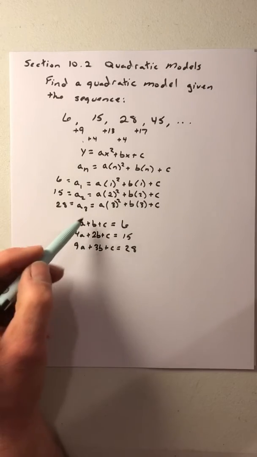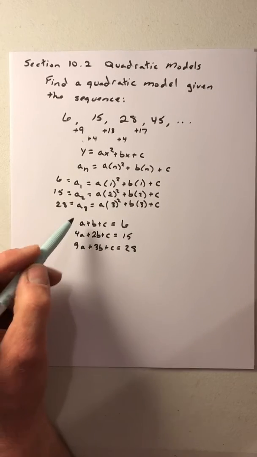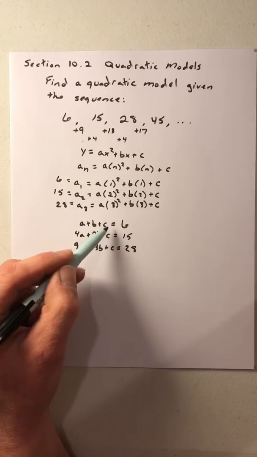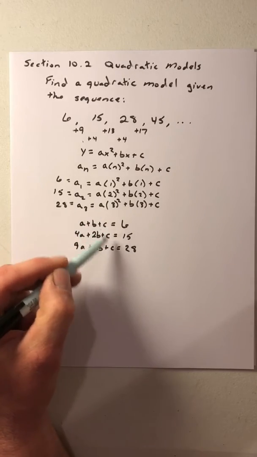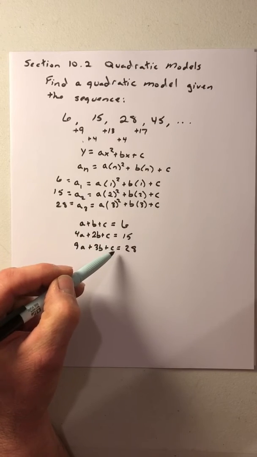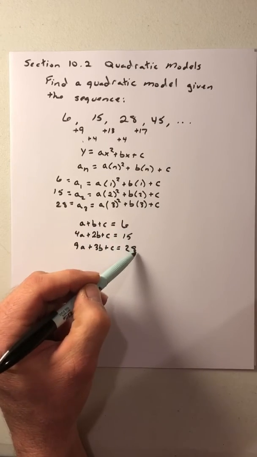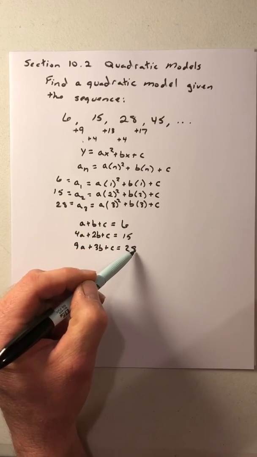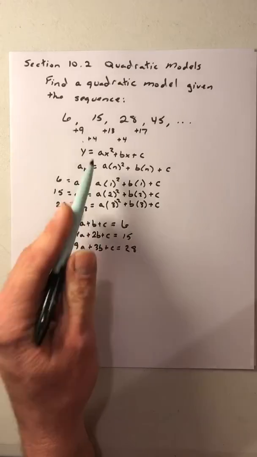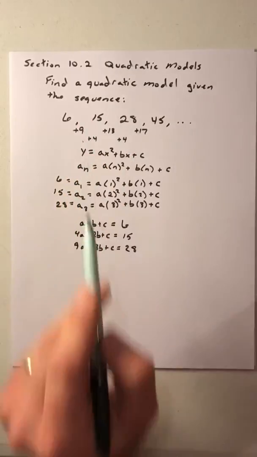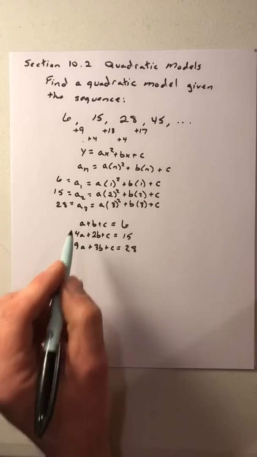We should realize at this point, as we do a few of these, that this left side of these three equations is always going to be the same. It's the values over here that are going to be different, but these three values will always be the first three terms of our sequence.